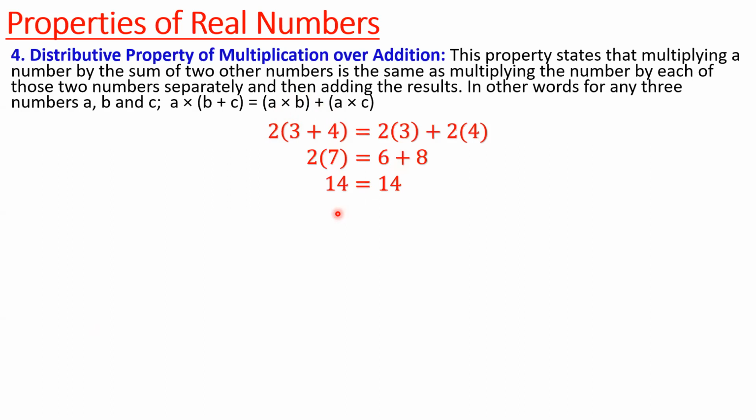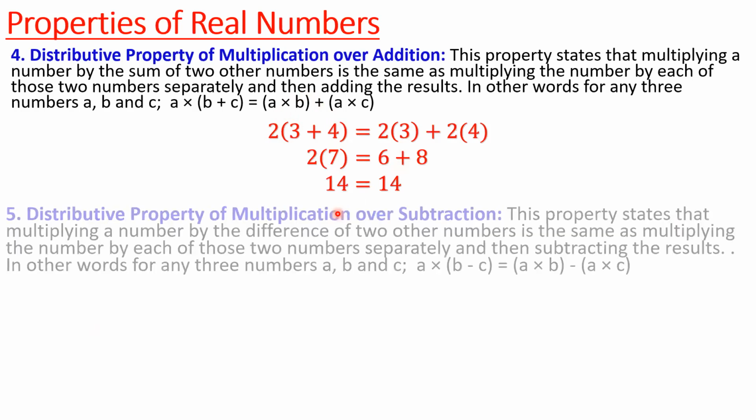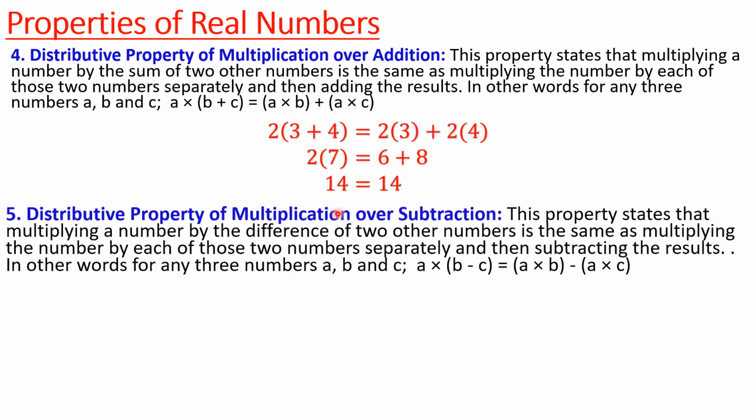Now we have been doing associative property of addition, associative property of multiplication, commutative property of addition, commutative property of multiplication, but we have not done any subtraction yet. And here's good news. The good news is that the commutative property works for subtraction as well. So for the record, the commutative property also works for subtraction, as well as addition.